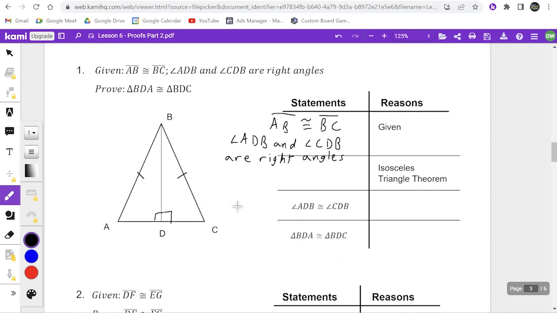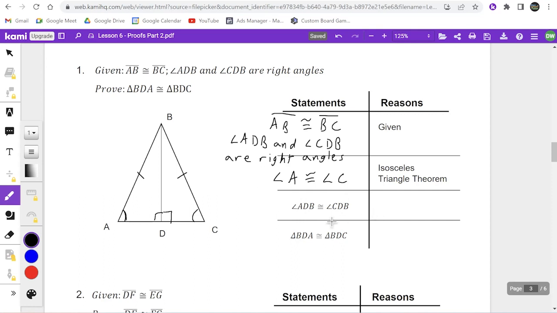Is it angle B or angle A and angle C? It's A and C. And the reason why is they cross from each of those sides, like you see here. So I'm going to say angle A is congruent to angle C. Okay, so that's it for the two angles.